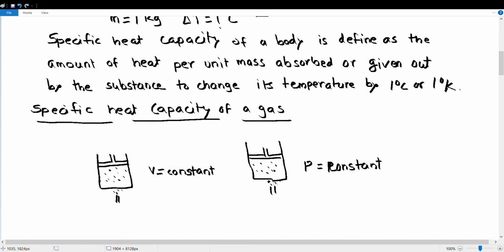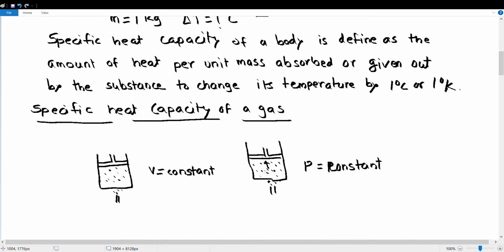Now when heat is given to this gas, the gas expands, and as it expands, it does some work on the piston. Who does the work? This gas, which expands, because its volume naturally increases, and when its volume increases, work is done by the gas on the piston.